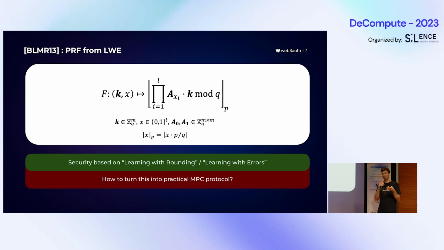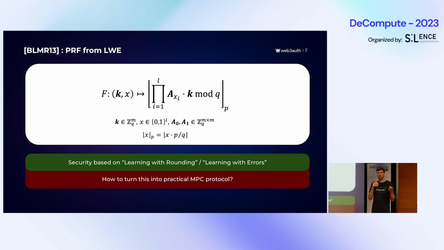You can think of it roughly like this: we scale the result, and by rounding and throwing away some bits, we introduce some unpredictable randomness. This PRF is actually shown to be as hard as the learning with errors problem. Learning with rounding is the intermediate problem that this describes, and it can be reduced to the learning with errors problem. So this is thought to be post-quantum secure as well.